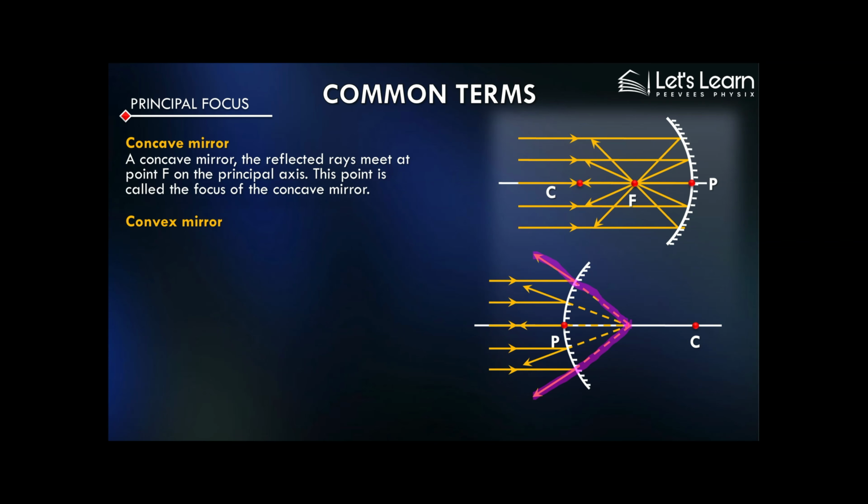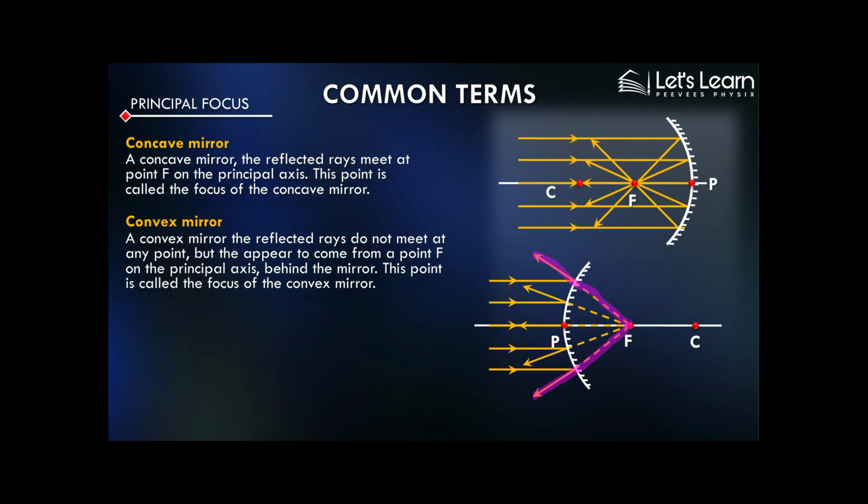This point we call the principal focus of a convex mirror. So how do we define it? It's a point on the principal axis where all the parallel rays appear to diverge from after reflection. We feel all these rays are coming from that point.